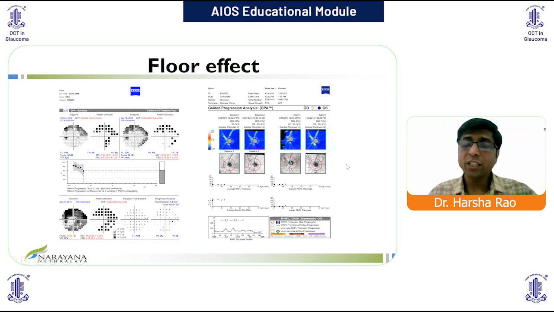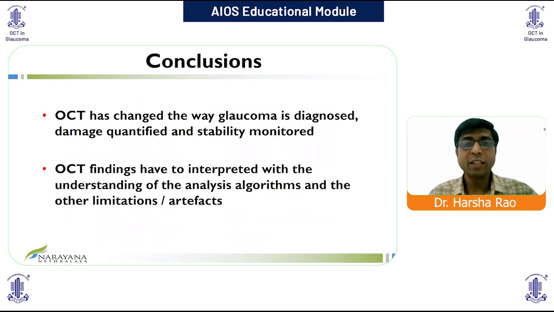Few studies have shown that the macular parameters, the GCA-PL or the GCC, is better than RNFL in detecting progression in moderate to severe advanced glaucoma cases. However, once again, all these have to be clinically correlated.